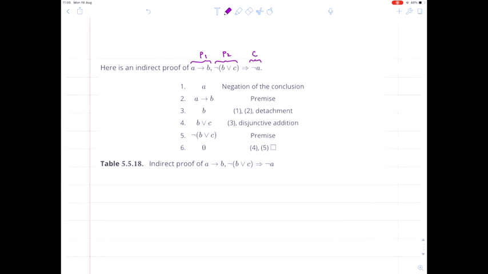Okay, let's see how this proof goes. So remember, our indirect proof is really going to say not C implies not P1 and P2.